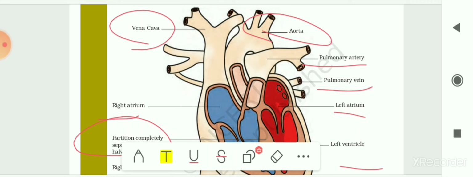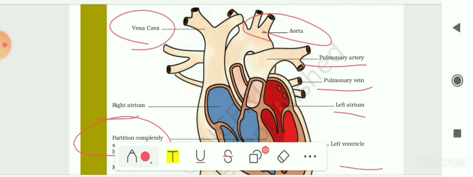In the previous figure we had already seen that from the heart, through the pulmonary artery, the blood which is rich in carbon dioxide goes to the lungs, and to the heart the blood which is rich in oxygen comes from the lungs through the pulmonary veins.